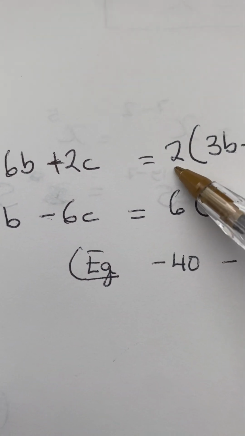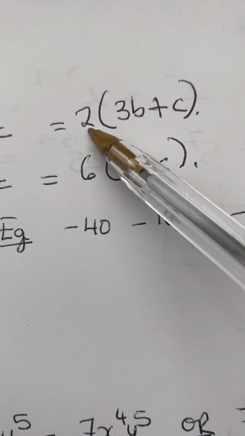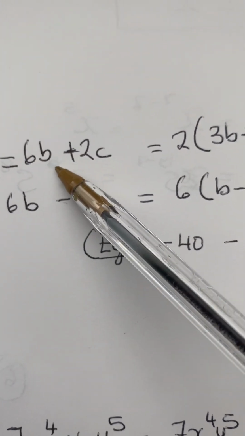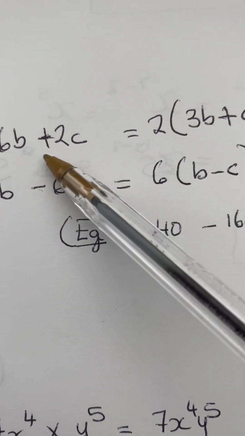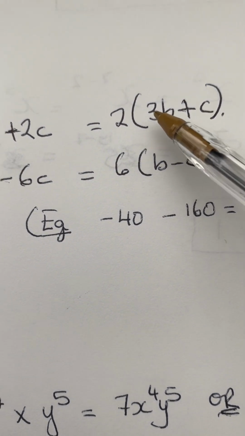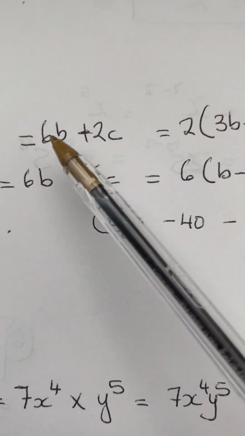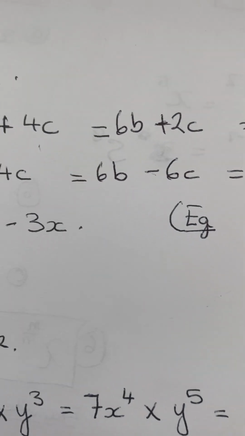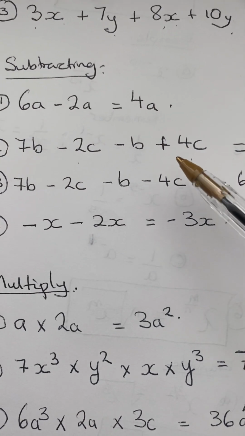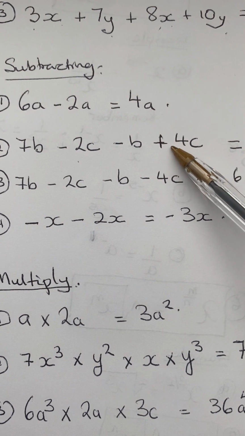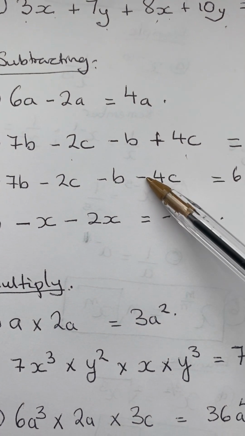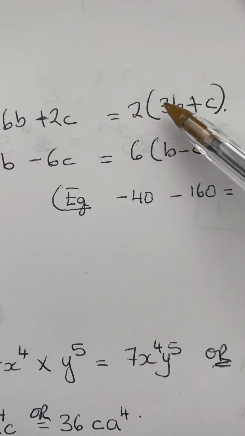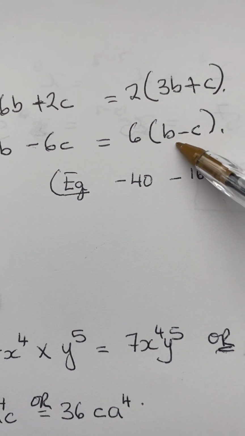Here too, we can bring 2 out, so we have 2 bracket 3b plus c. When we multiply back, we are going to get 6b plus 2c. If you look at this one, there is a plus here. This is a minus. So same question, look at the different answers we've got.